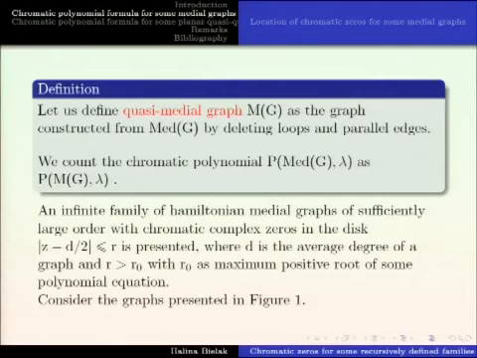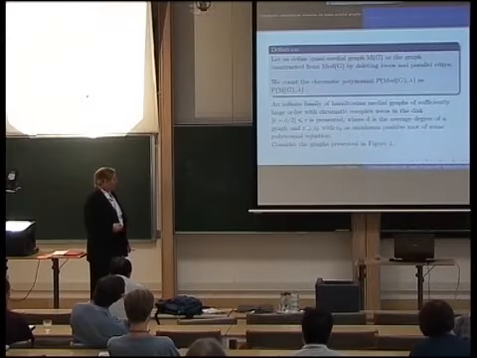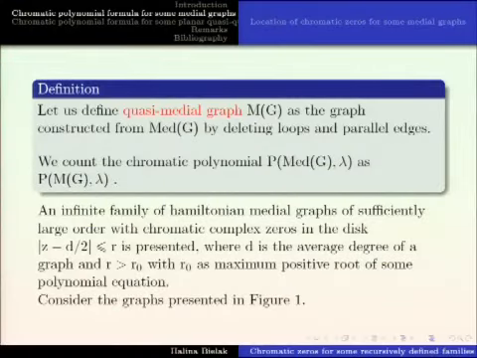This idea to set the center of the disk, I think, is an idea of Professor Biggs. The radius of the disk can be counted as follows. It should be greater than some number A with index 0. This number can be counted as the maximum positive root of some polynomial equation.